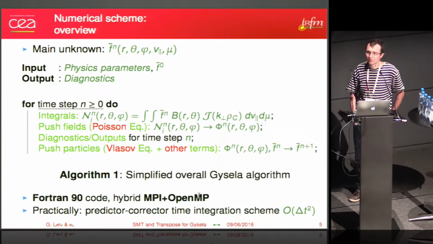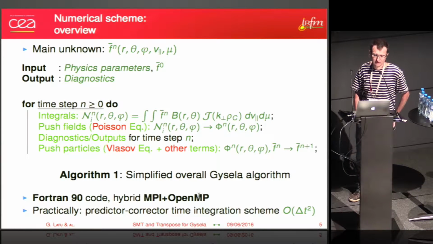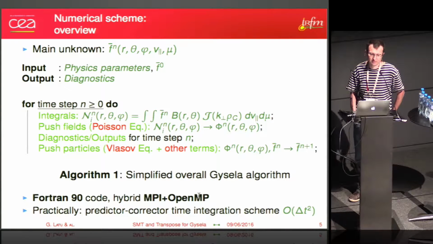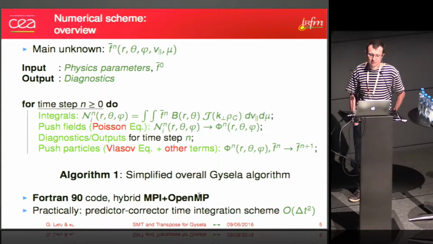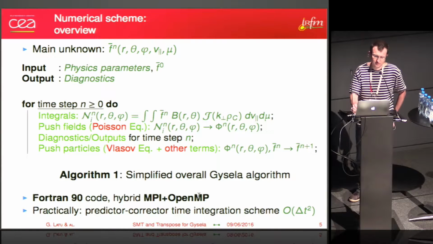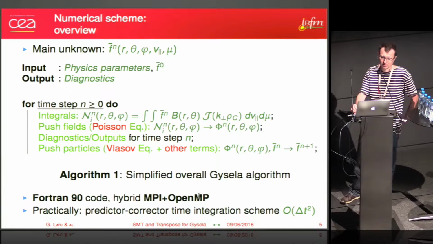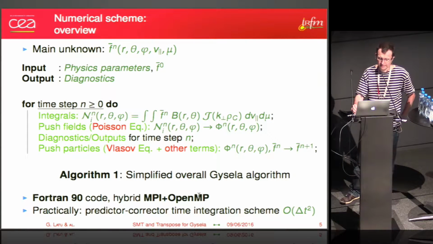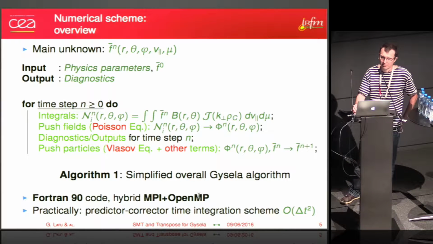We do some outputs on disk to see what is going on, and then we push particles. So we solve the Vlasov equation, take the potential and the distribution function, and compute the next time step for the distribution function. This code is a Fortran 90 code with hybrid parallelism MPI plus OpenMP.